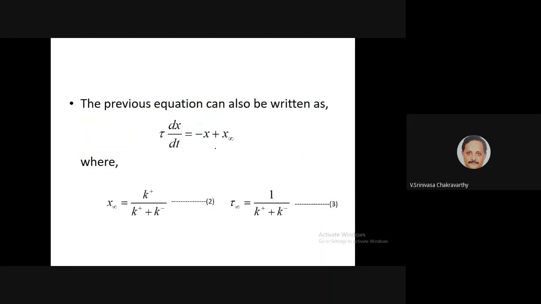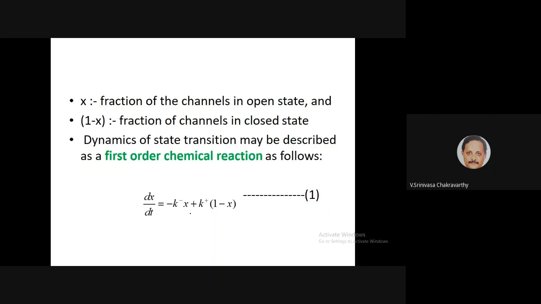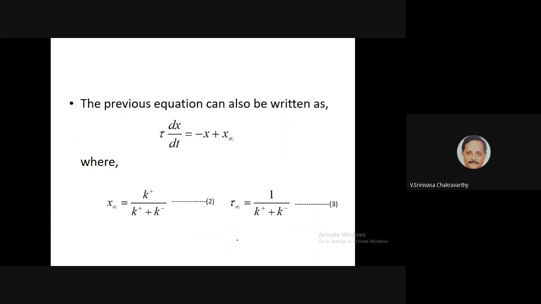So you can do some simple algebra here. You regroup things, take the terms which are dependent on x, and you get this kind of a form. Now divide both sides by this term k plus plus k minus.